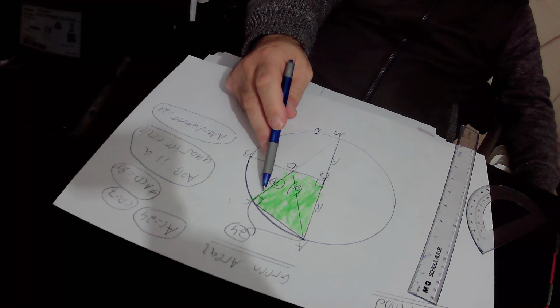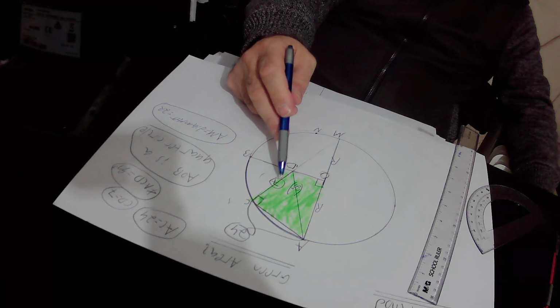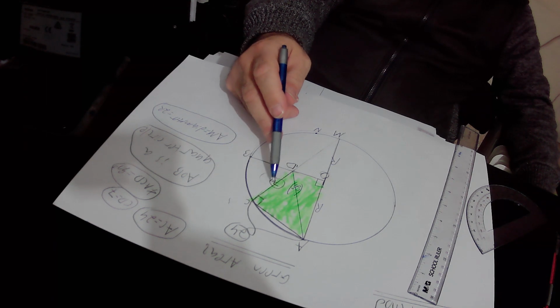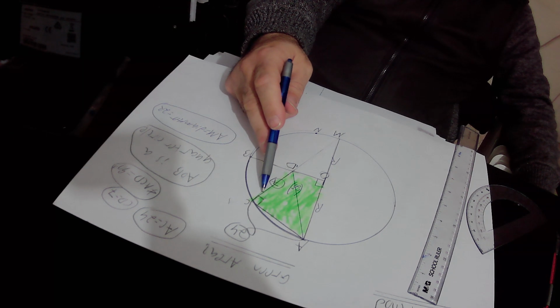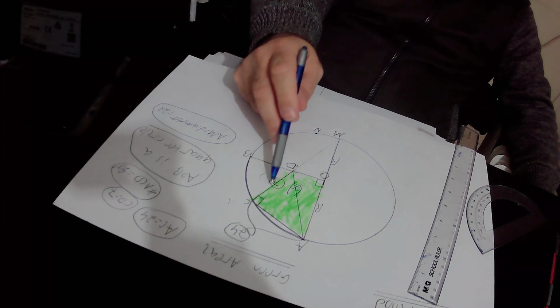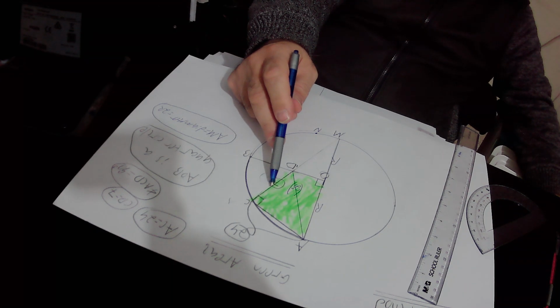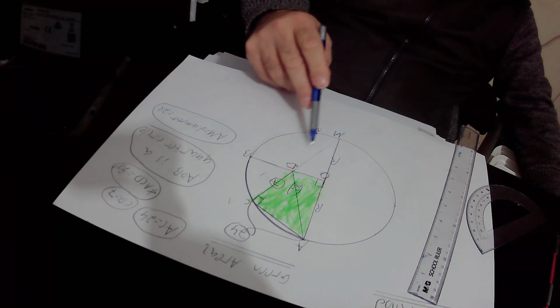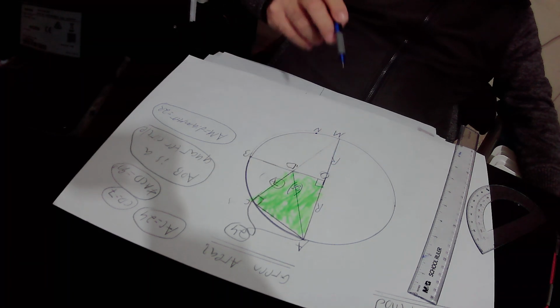It must still be 90 degrees. So here we actually created peripheral angle ACN that is equal to 90 degrees.